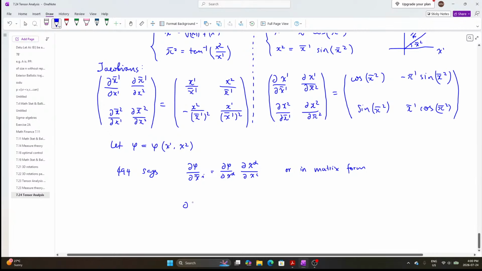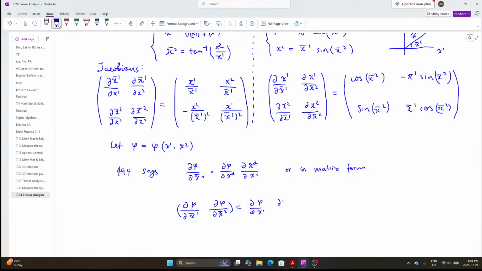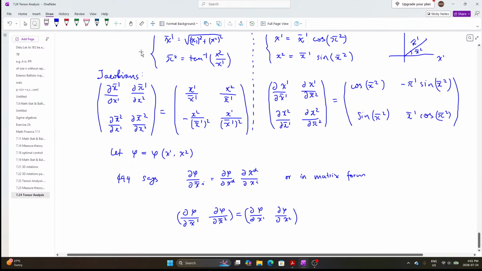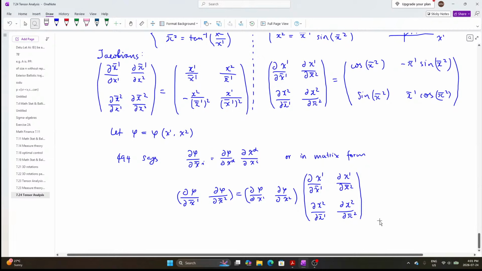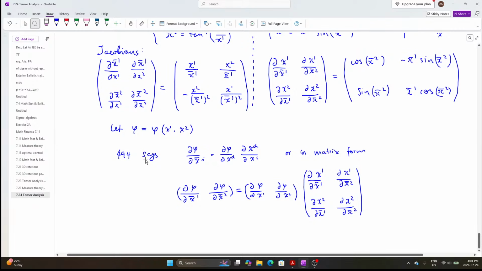So it is d phi over dx bar 1, d phi over dx bar 2 equals d phi over dx1, d phi over dx2, and then multiplied by the inverse Jacobian, which is right here. So this is what we should verify.